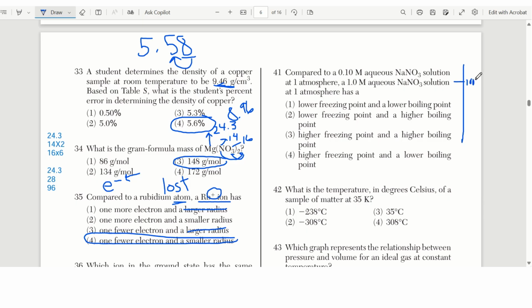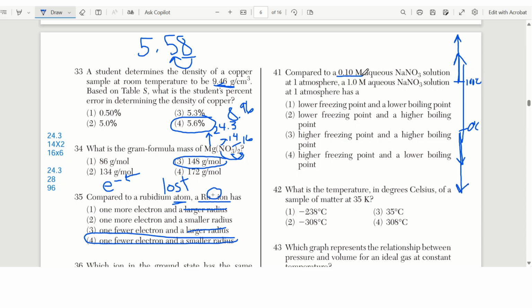So 100 degrees Celsius is the boiling point of water. 0 degrees Celsius is the freezing point. When we add stuff, the boiling point goes up and the freezing point goes down. It goes up more when we add more stuff, and it goes down more when we add more stuff.